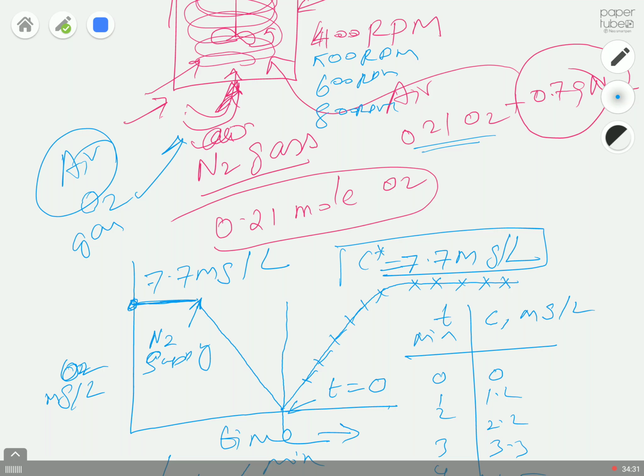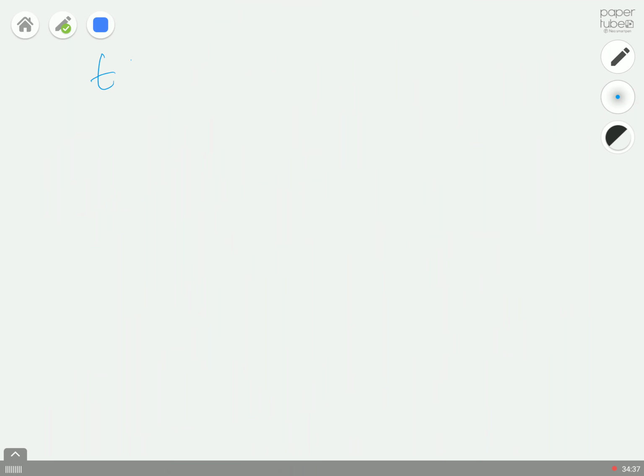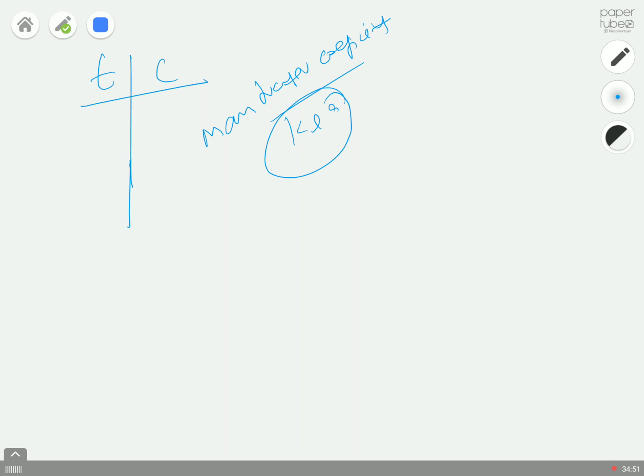If I give you some data of time versus concentration and ask you to calculate the mass transfer coefficient, or just the value of KLa, you should be able to calculate it. All you need is to take ln of C star divided by C star minus C versus time.